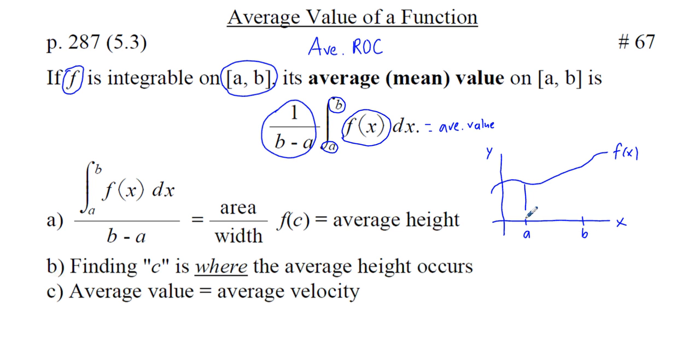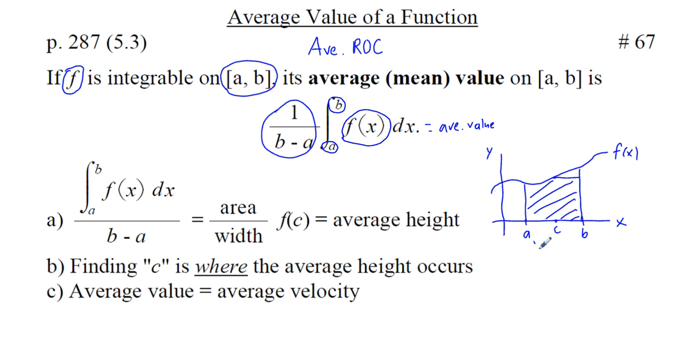And so we're looking at this total area here that I'm hashing in. Okay, that's the area that we're looking at. And there's a value c somewhere that's the average height of this shape here.